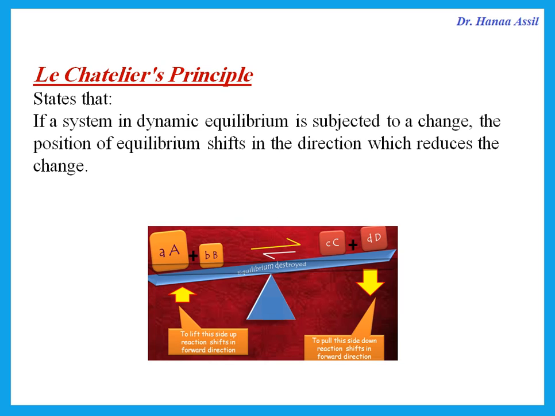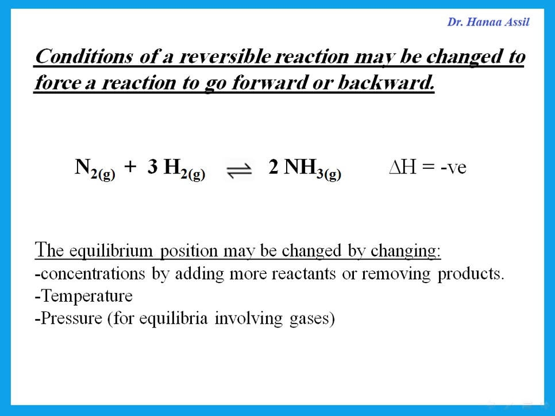So if we have dynamic equilibrium, means A plus B to give C plus D should be balanced. If we do anything to distort this balance, the reaction will try to do something in the opposite direction in order to reduce the effect of the change that we did.